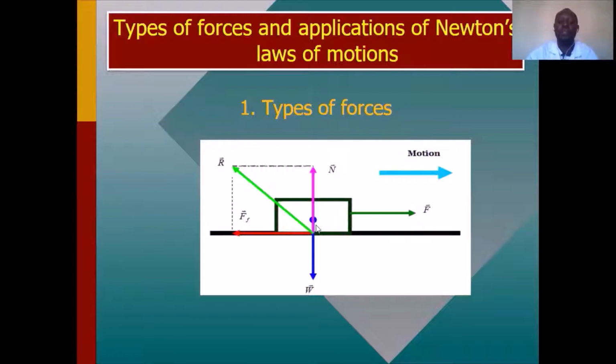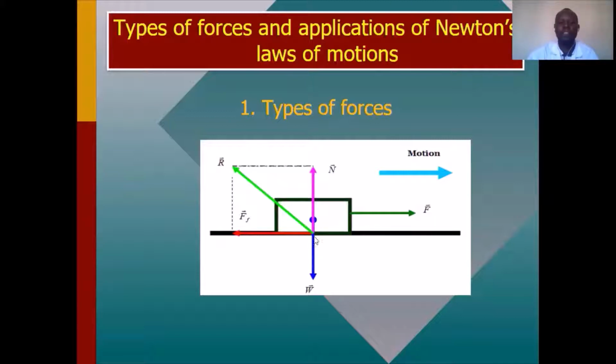So the reaction force of the weight is called the normal force. The normal force is the force that the surface exerts on the object. So by action and reaction, the normal force is equal to the weight in magnitude, but opposite in direction.